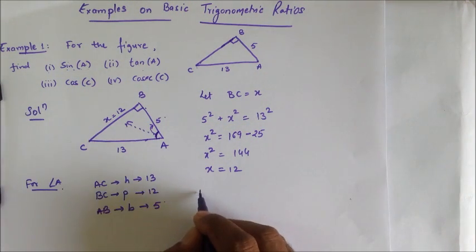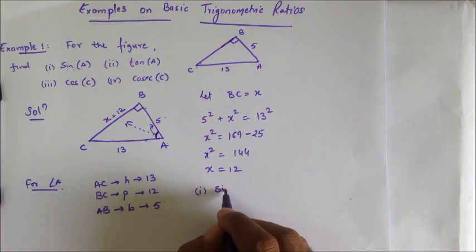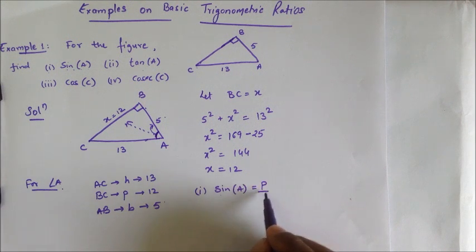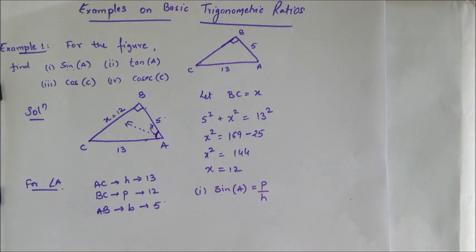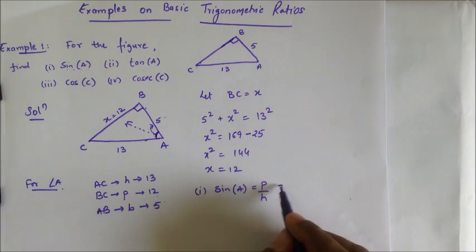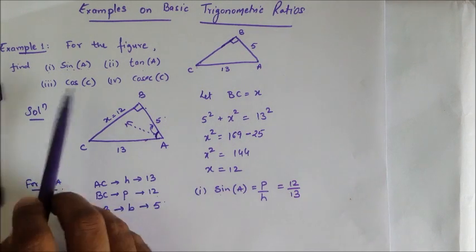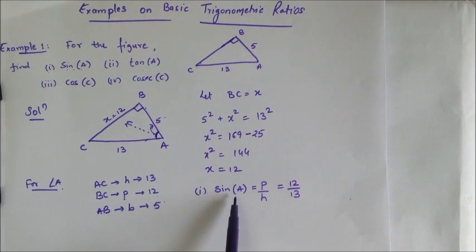Now in the first part, I had to find sine of A. Now sine is the ratio between the perpendicular and the hypotenuse. The perpendicular for A is 12 and the length of the hypotenuse is 13. Therefore the answer for the first part, in which we have to find sine A, is 12 by 13.